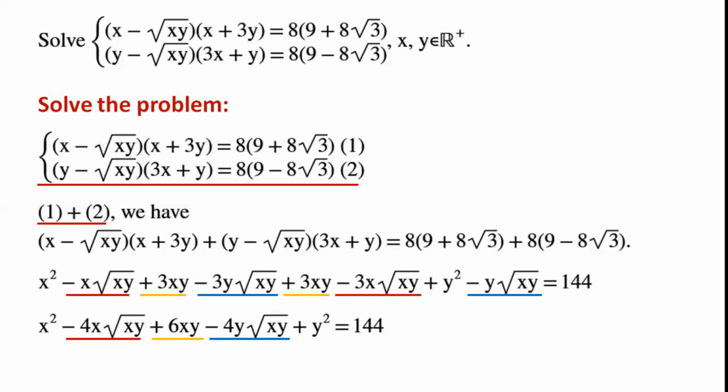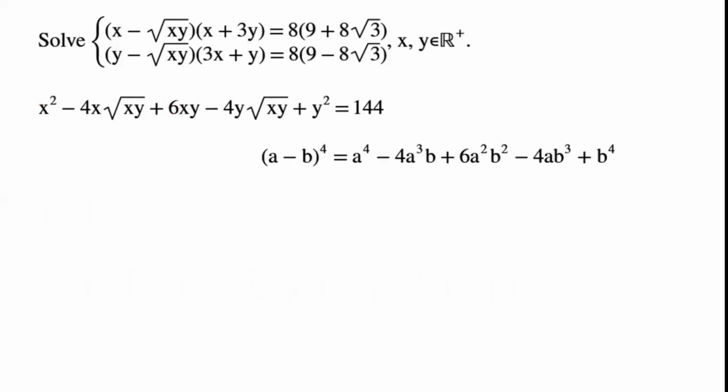Similarly, by combining 3xy and 3xy, we can now write 6xy, and by combining -3y√(xy) and -y√(xy), we can now write -4y√(xy).